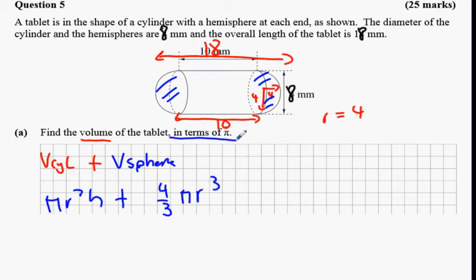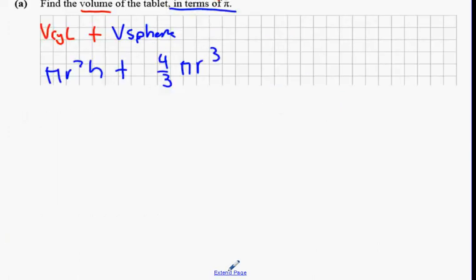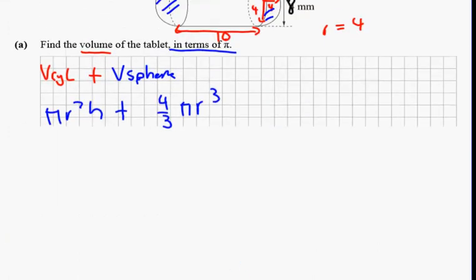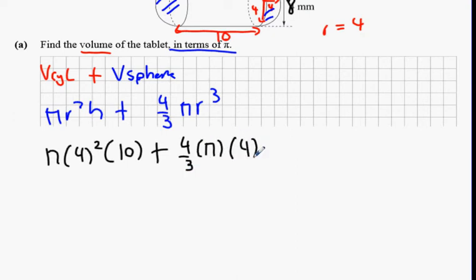It says in terms of pi. What does that mean? Put it in terms of pi in the calculator, keep the pi at the very end. So what we're going to get here is pi multiplied by 4 squared multiplied by h, which is 10, plus 4 over 3 multiplied by pi multiplied by 4 cubed.